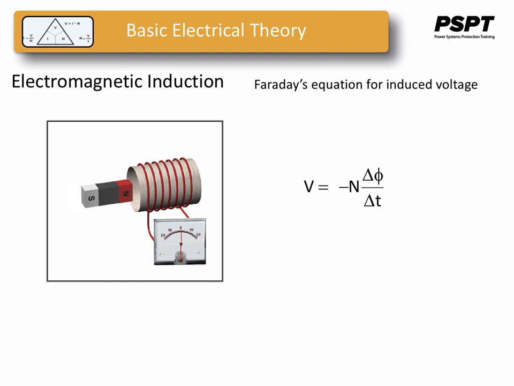Faraday was able to mathematically relate the rate of change of magnetic flux with induced voltage. This refers to the instantaneous voltage, or the voltage at a specific point in time. The deltas represent the rate of change of flux over time, and N stands for the number of turns or wraps of the coil of wire.